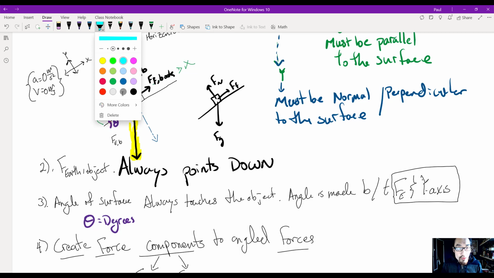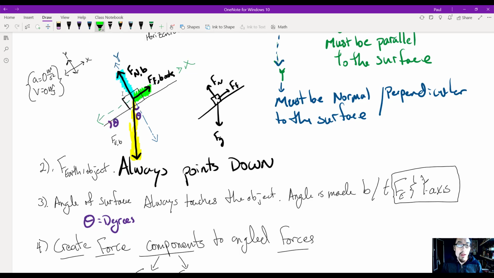And let's look at the force of friction. You see how that's along the x-axis. That's how we know we don't have to come up with the force components. But this force of gravity, which I highlighted in yellow, is not along either the x or the y axis. Therefore, we need to break it up into its x and y components for the sake of us being able to do the math.